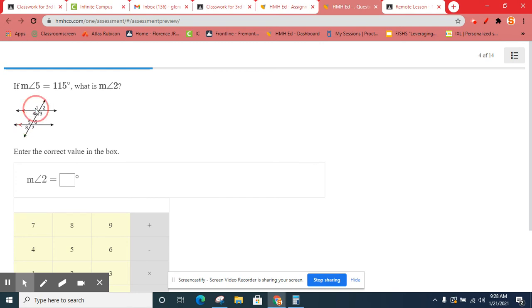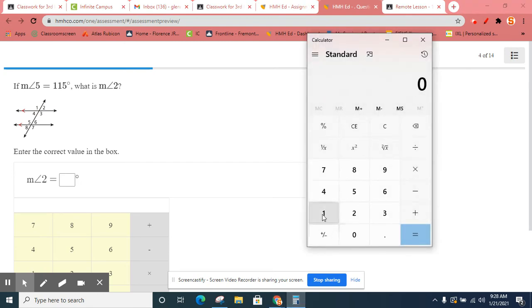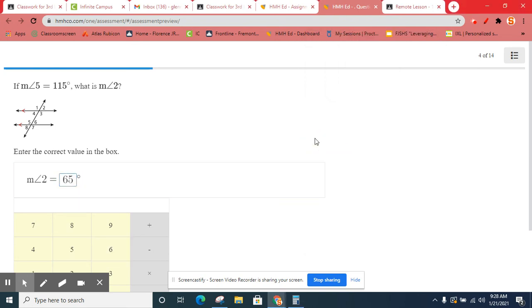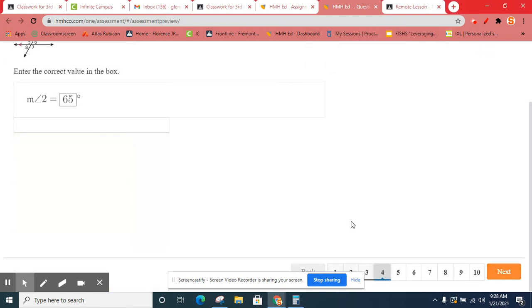So if this is 115 for angle 1, what would angle 2 be? You can see these have a supplementary relationship, and together they have to equal 180. So I'll subtract what it gives me from 180, and what's left over is our answer, 65.